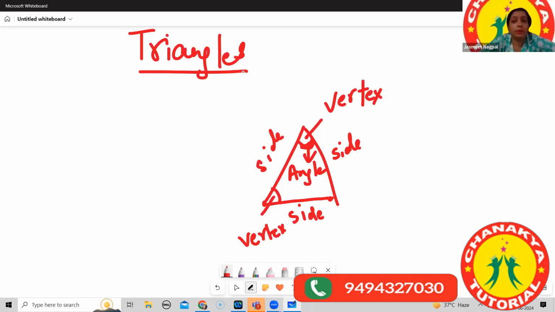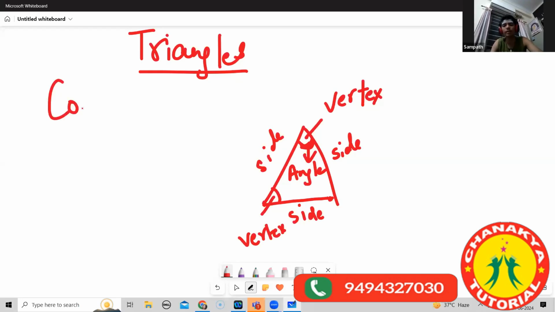Now the thing is congruence. What we will learn in grade 9 triangles: congruence. Congruence is where two figures are given and they are congruent if the shape and size of both are the same. You have to compare two figures always in congruence.